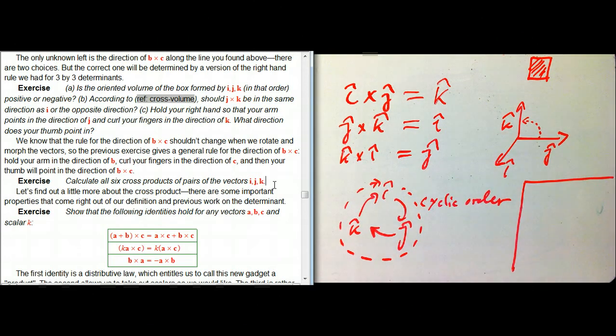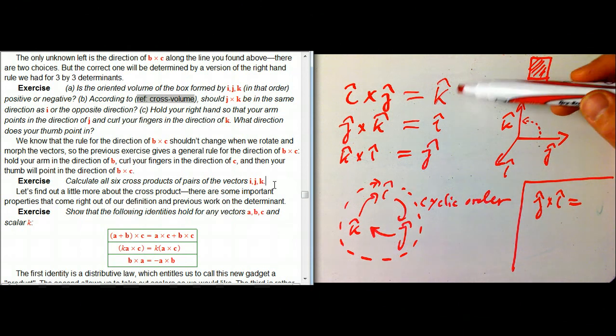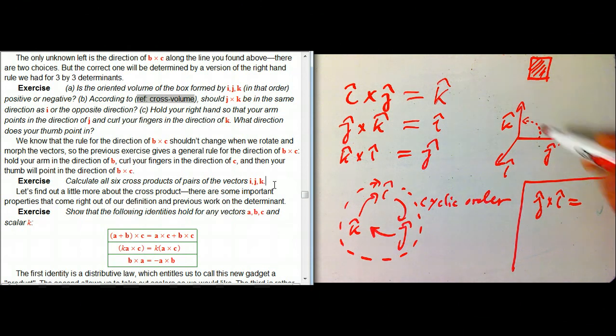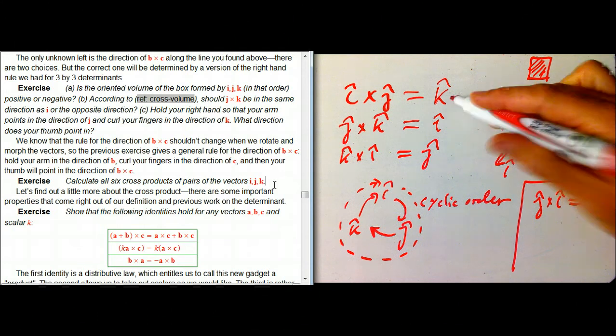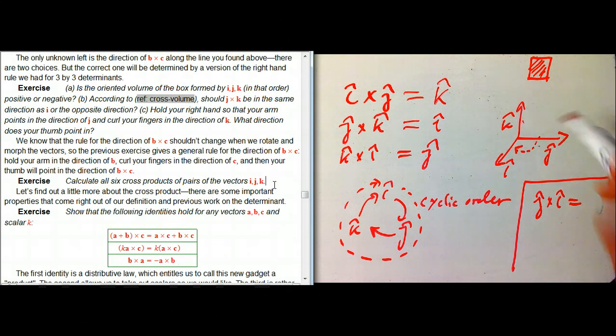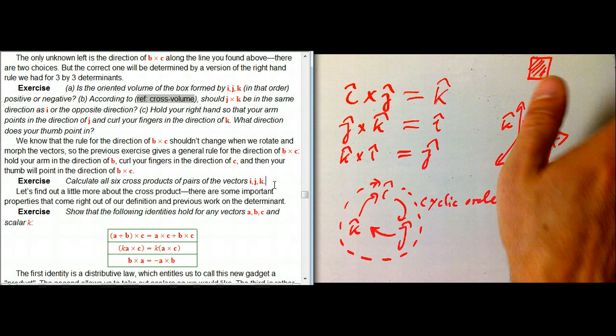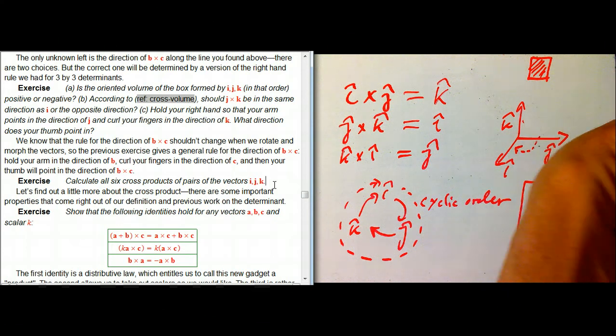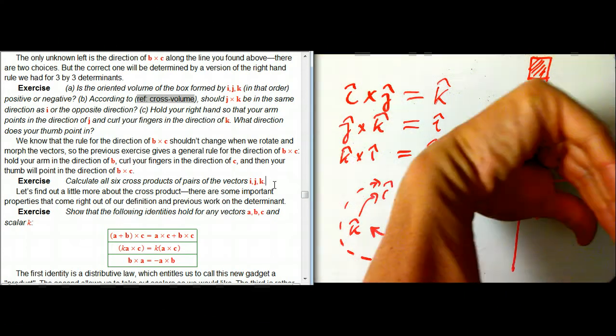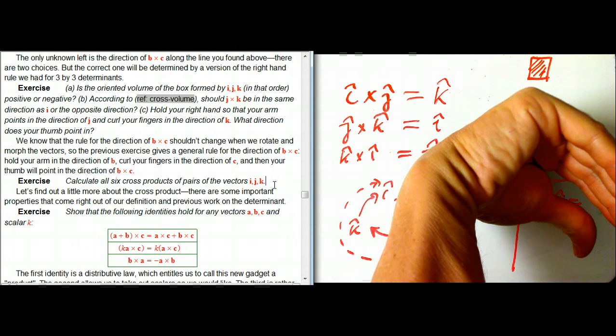Let's think about what happens when you reverse. What about j cross i? That is not going to be the same thing. And this is a very important thing about cross products. j cross i, going this way, instead of i cross j, this is a little bit of a tricky one. You're going to have j here and i coming towards you, and you have to kind of do it yourself.